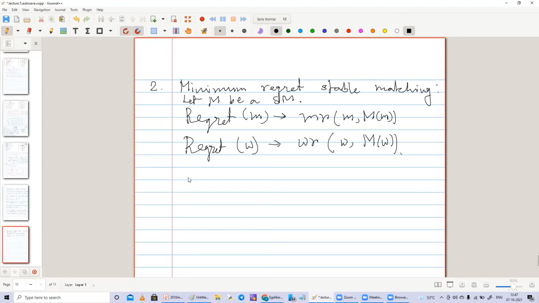Okay, so now what is the regret of a matching? It is the max of, for each M and W, we compute the regret and we find the max of that, and that is the maximum regret of a matching.